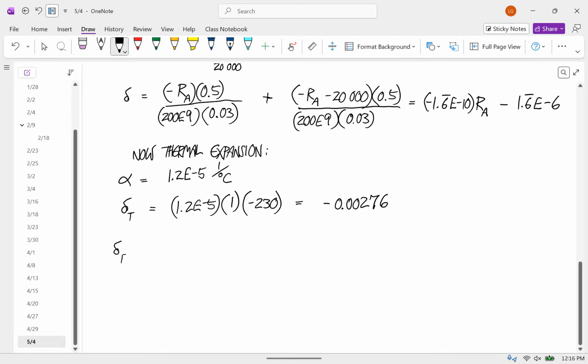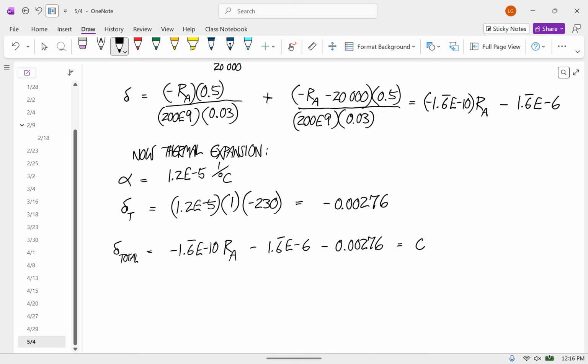So the total elongation is negative 1.6 times 10 to the minus 10 RA minus 1.6 repeating times 10 to the minus 6 minus 0.00276. And this has to be equal to 0.